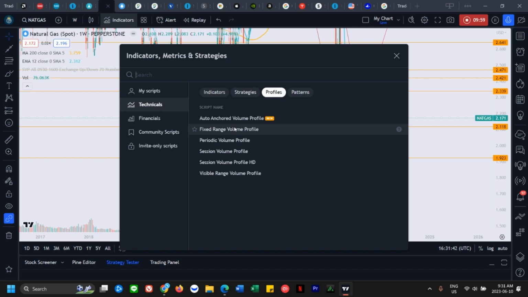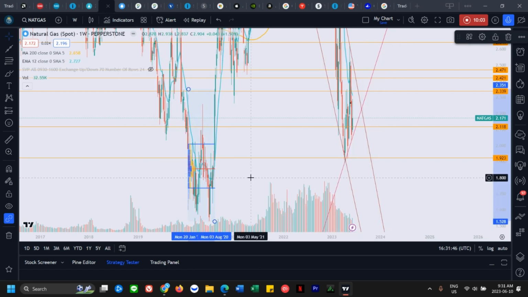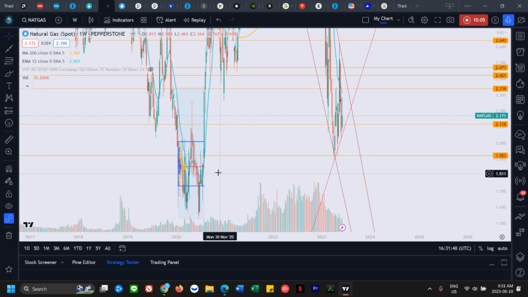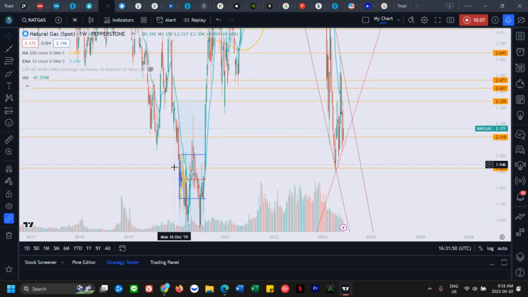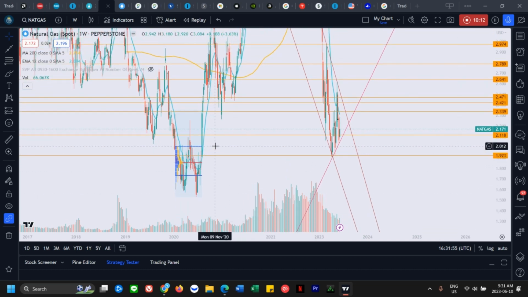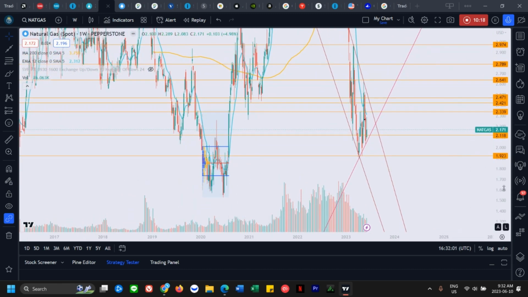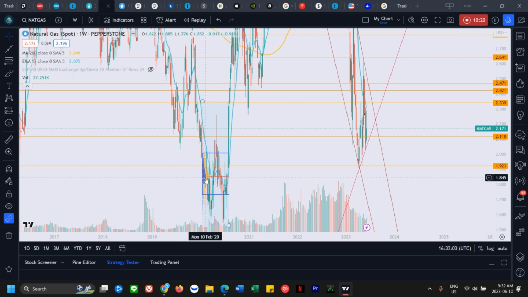So we go to the indicator, we go to profile, we go to fixed range volume profile, and then we drag across it to the range we want to see. And now we have a volume profile of that area. This red line right there is the point of control, which means the most volume traded in that entire area. You can also see that bar as well.